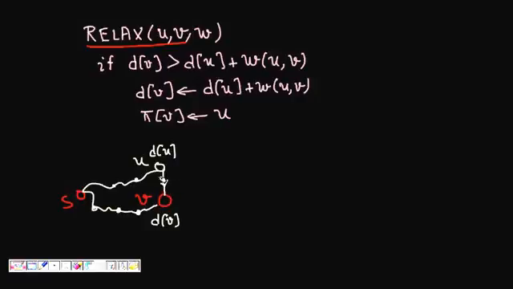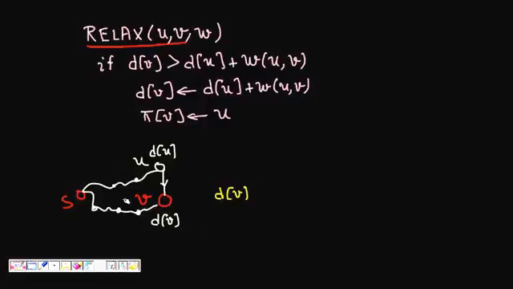I have found the shortest path for d[U], and now I'm trying to relax d[V]. What I do is, d[V] has already got some value.